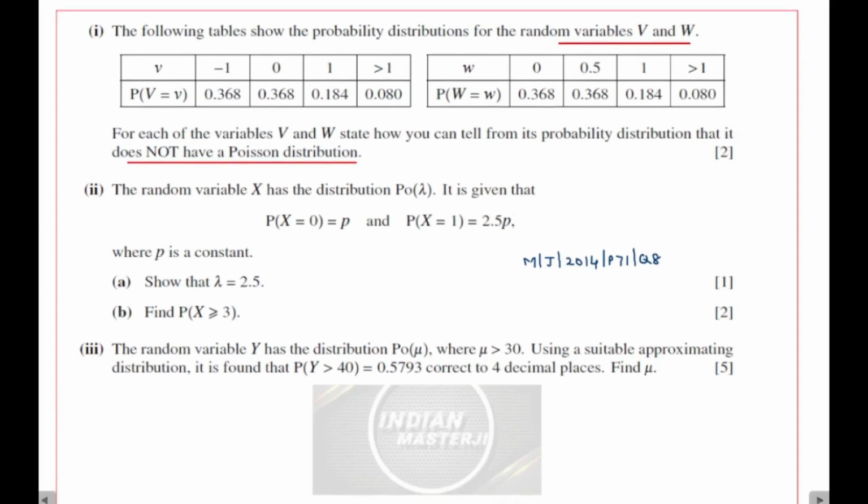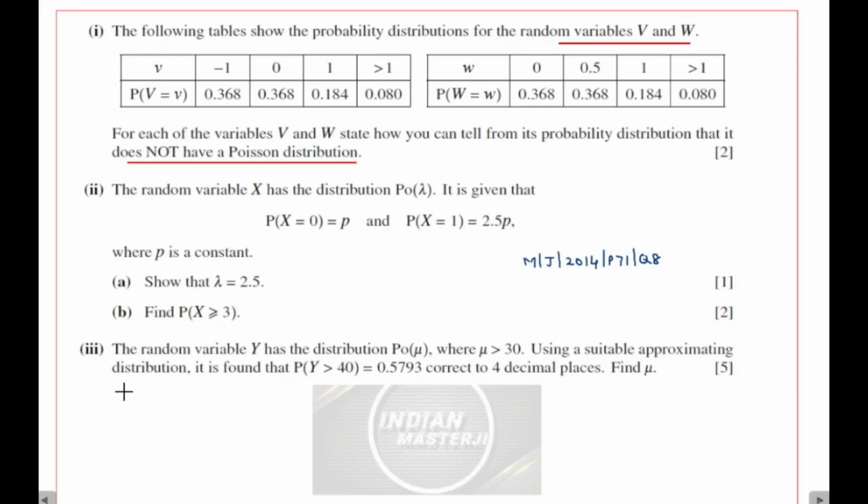So what have we learned? We have learned that any random variable which follows a Poisson distribution basically has whole number values. Why whole number values? Because the random variable represents the number of occurrences of that particular event.